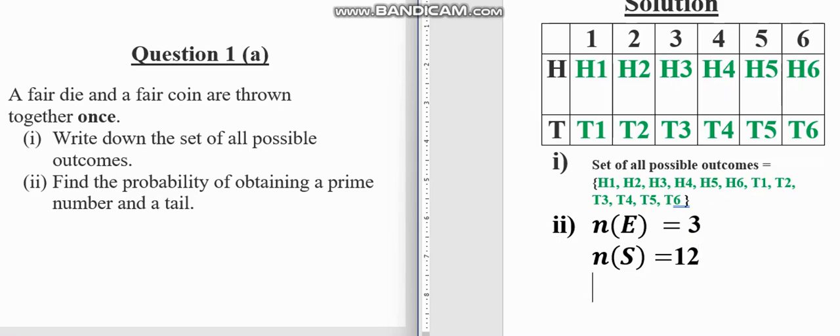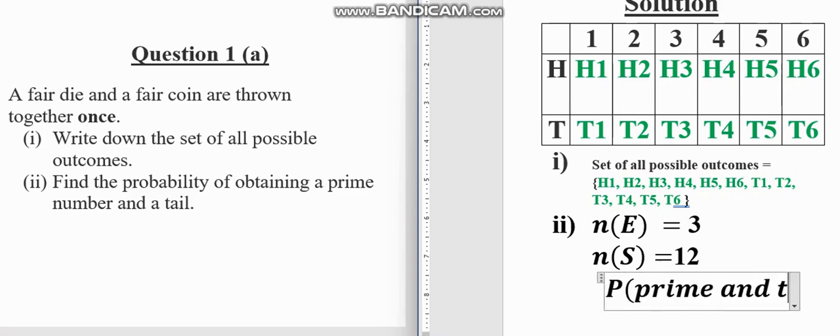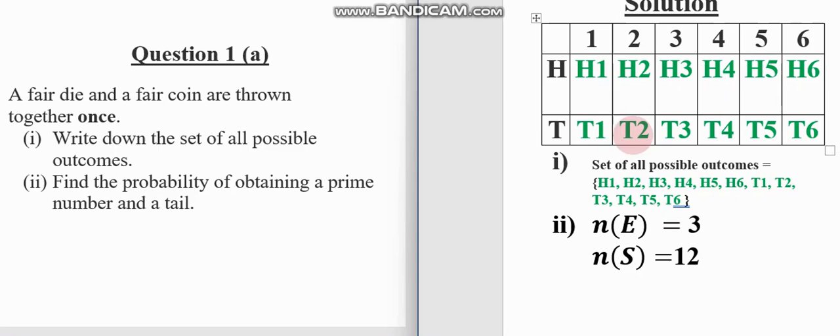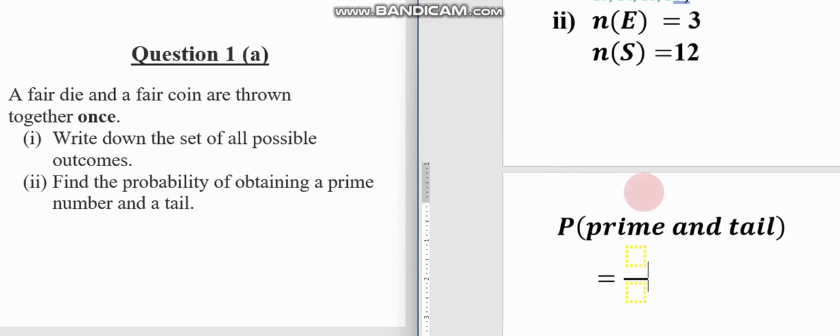Then to find the probability of getting a prime number and a tail, it is going to be equal to the number of events over the number of sample space.